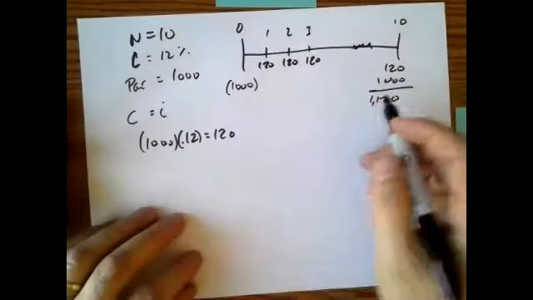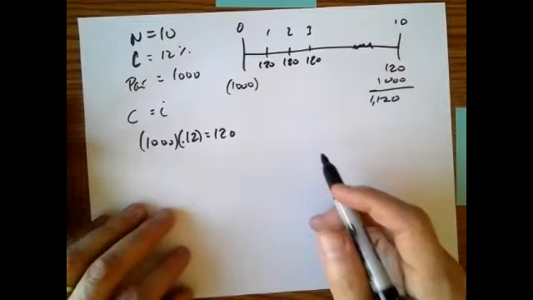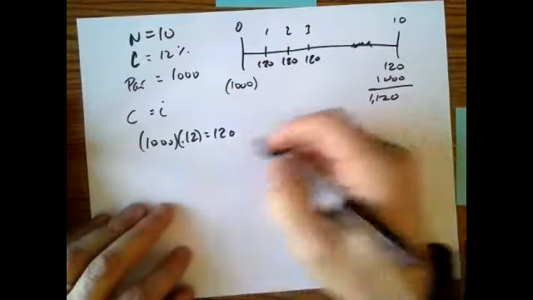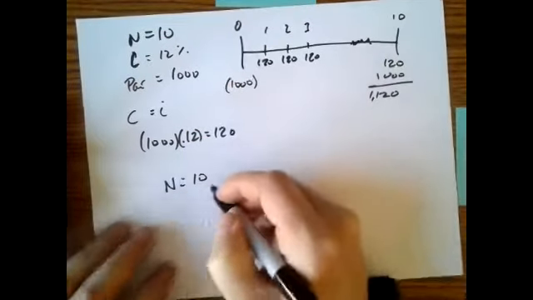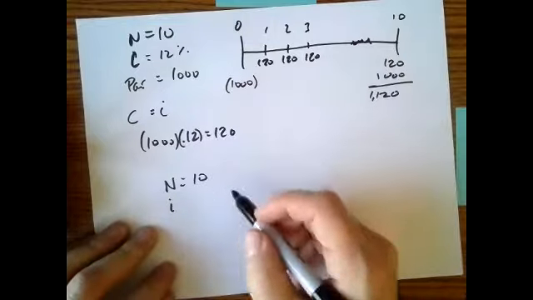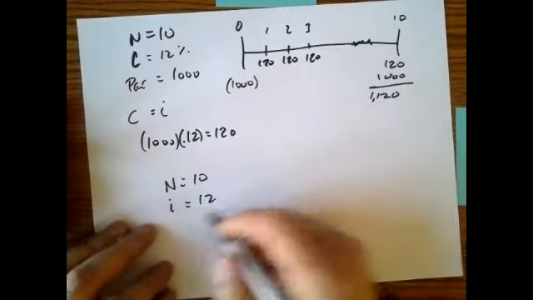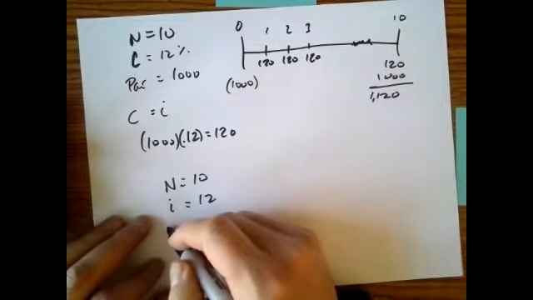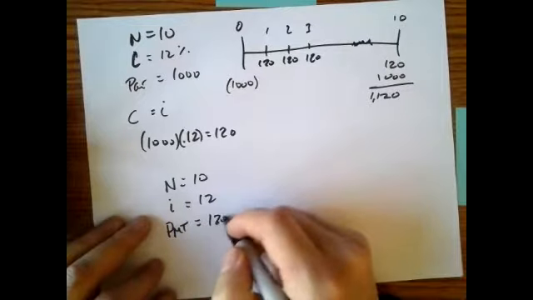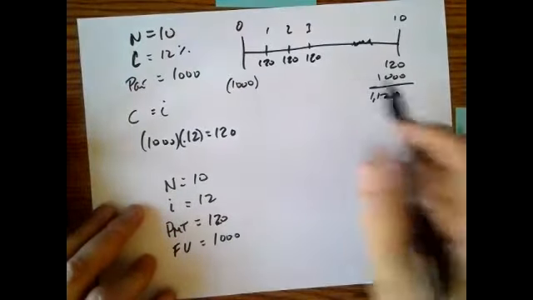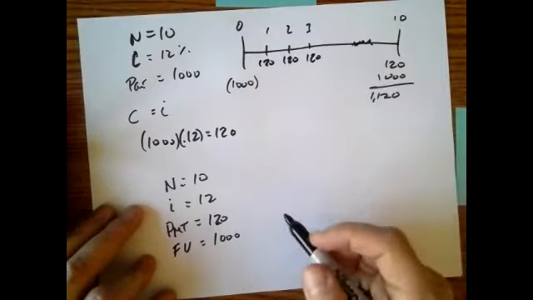If you were to put this information into a financial calculator, N equals 10, I we're going to assume is equal to the coupon rate, so that would be 12. Payment would be 120, and then there would be a future value of $1,000.